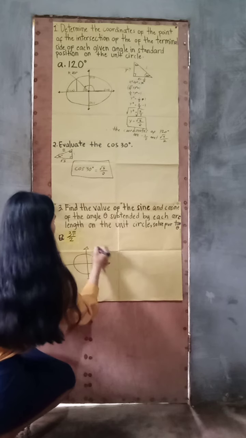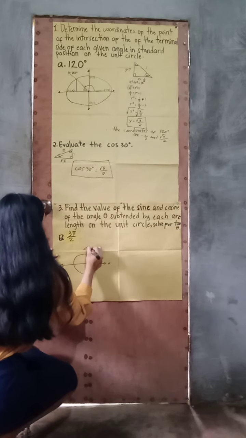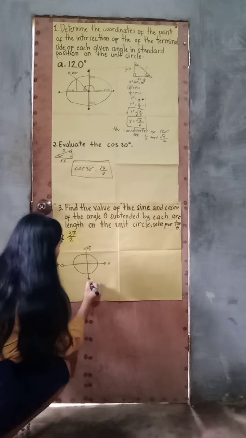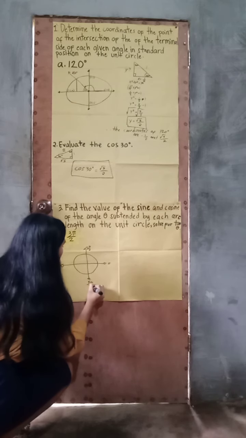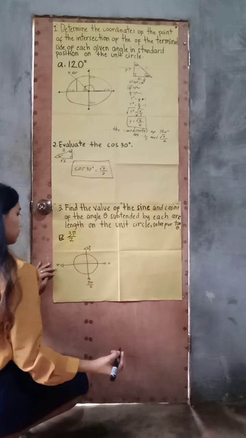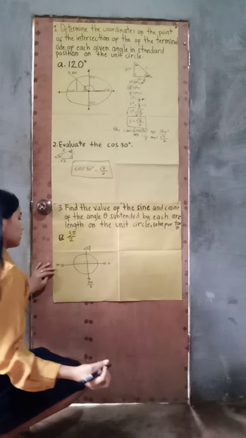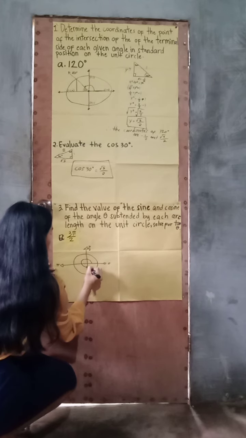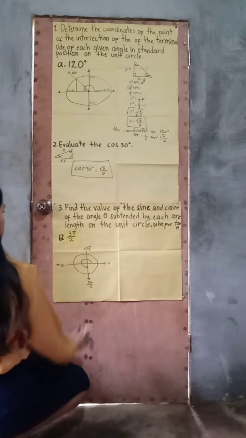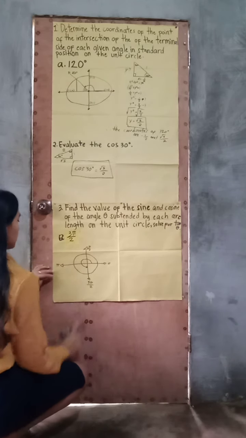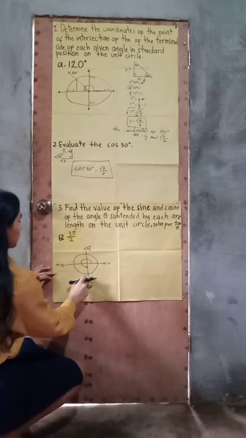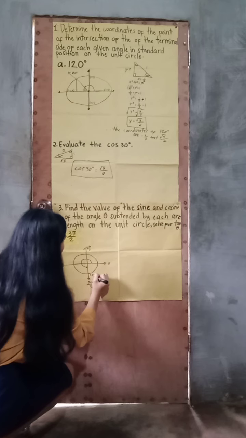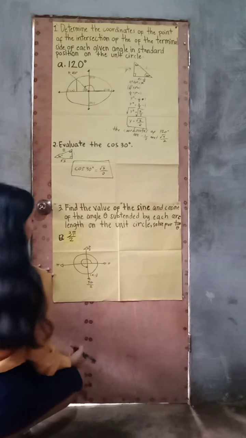This is 0. This point is pi over 2. Here is pi. And this point is 3 pi over 2. We will use a counterclockwise direction to locate 3 pi over 2. We know that the coordinates at this point are 0, -1.